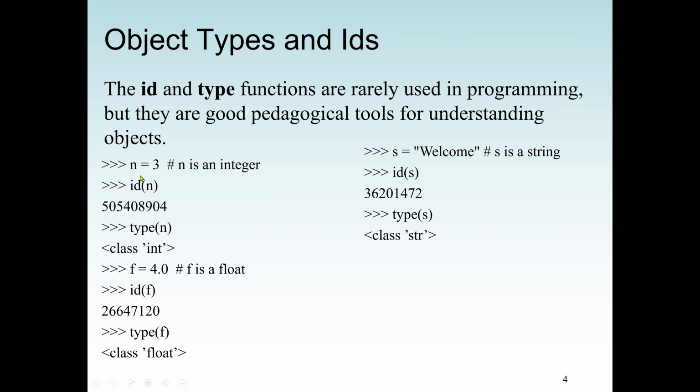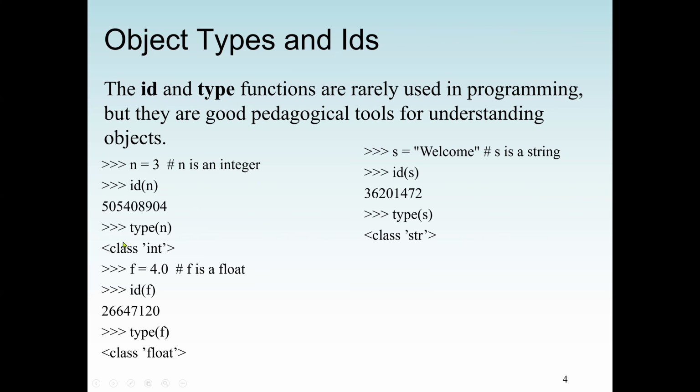So n is our object, and 3 is a whole number, or an integer. If I use the id function with the variable name as the argument, it will give me a unique number. This number, 505,408,904, is the unique identity number of the object n, or we can say variable n.